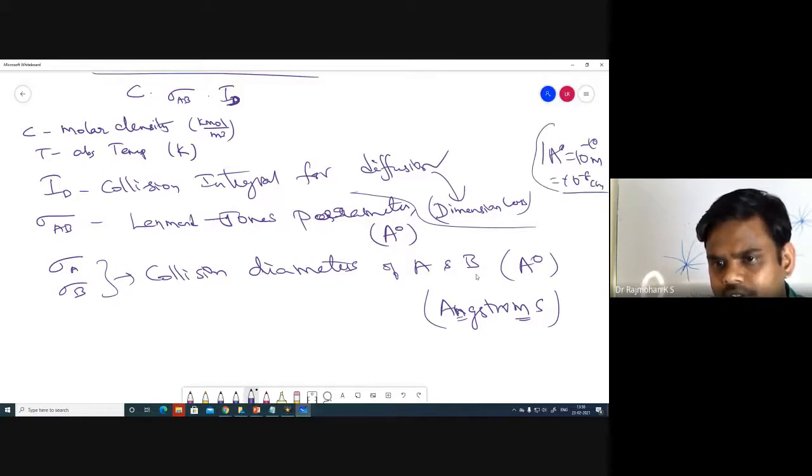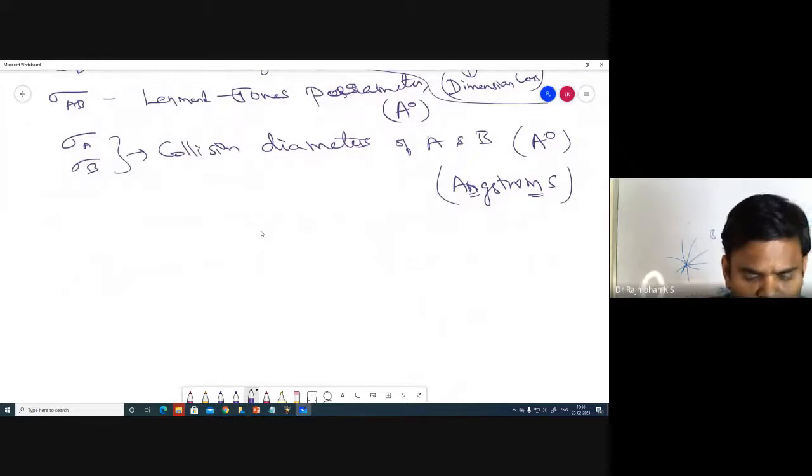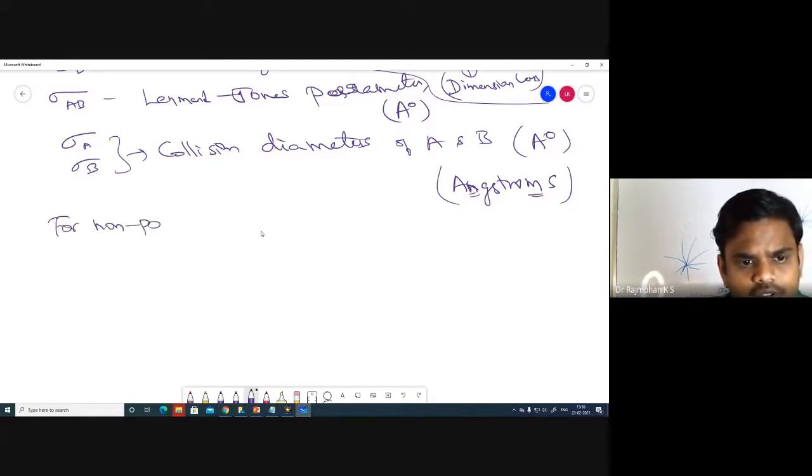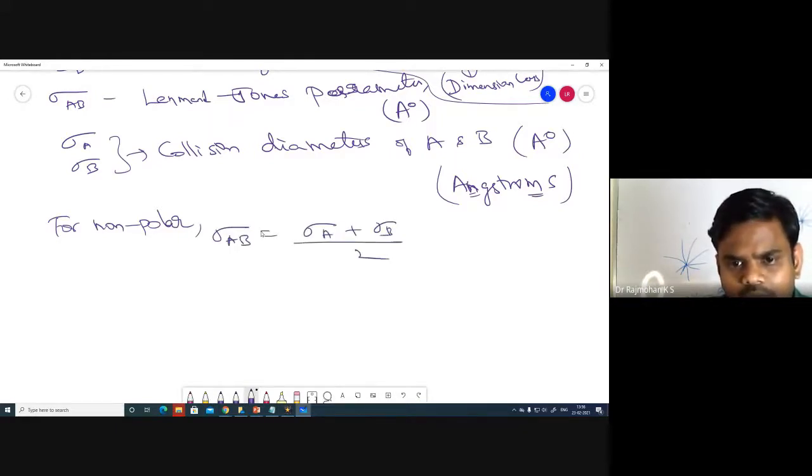So we should make use of this. And for non-polar materials, how do we determine sigma AB? It is the average of A and B. So for non-polar systems, sigma AB is equal to (sigma A plus sigma B) by 2.